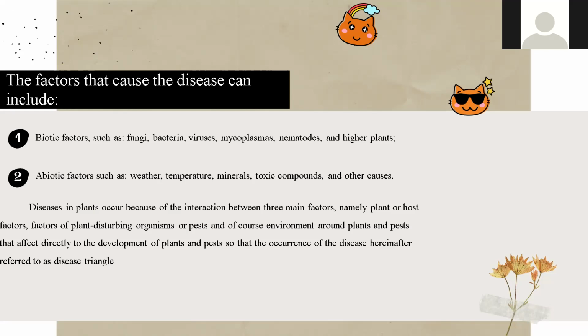Disease in plants occurs because of the interaction between three main factors, namely the plant or host, the plant-disturbing organisms or pests, and the environment around the plants, which directly affect the development of the plants and pests, so that the occurrence of the disease is hereinafter referred to as the disease triangle.